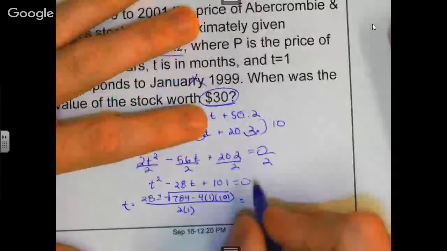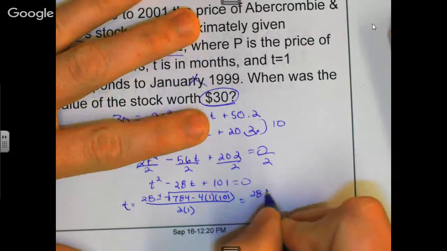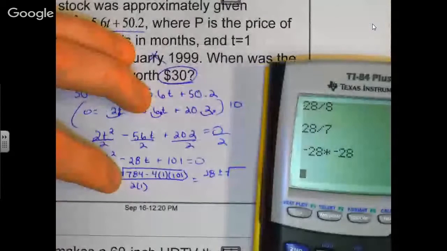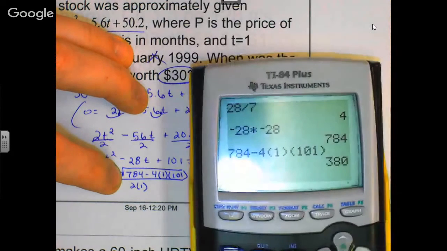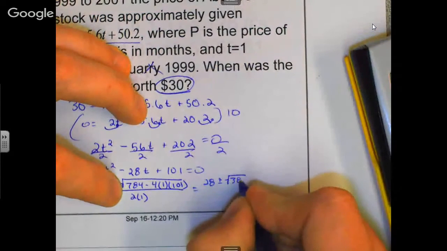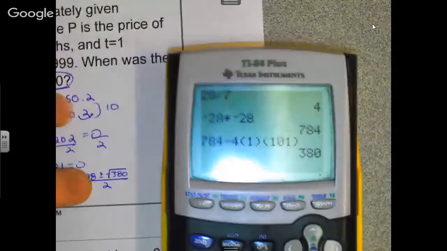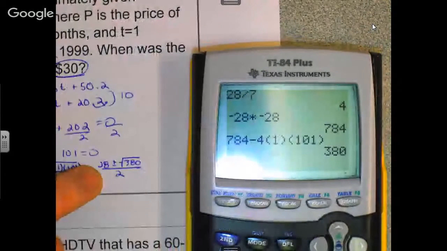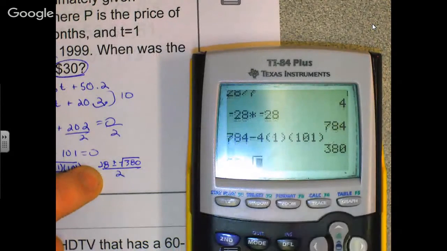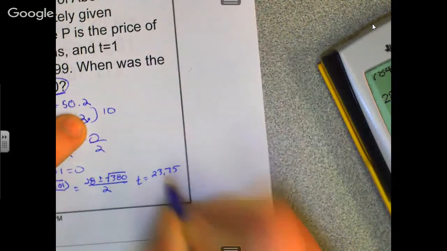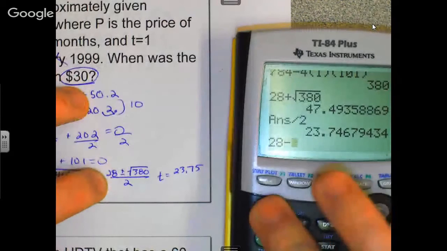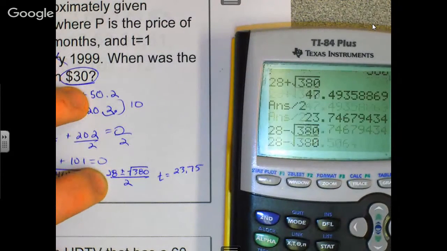So then we get 28 plus minus the square root of that 784 minus 404, which is 380, over 2, and we'll plug this into the calculator here. So we got 28 plus the square root of 380 divided by 2, 23.75, so t equals 23.75. And we have 28 minus the square root of 380 divided by 2, 4.25.